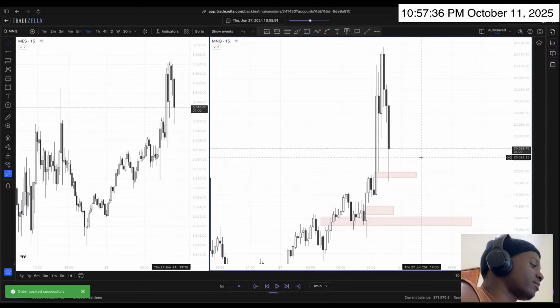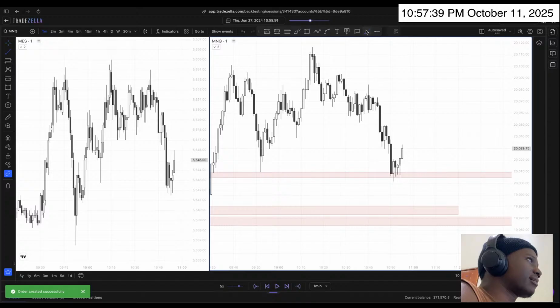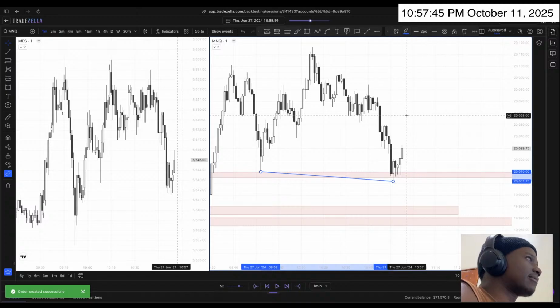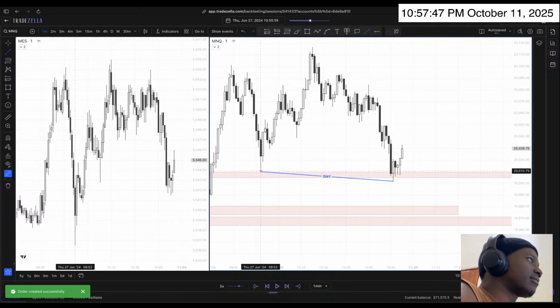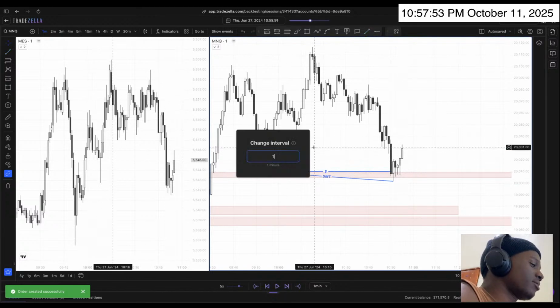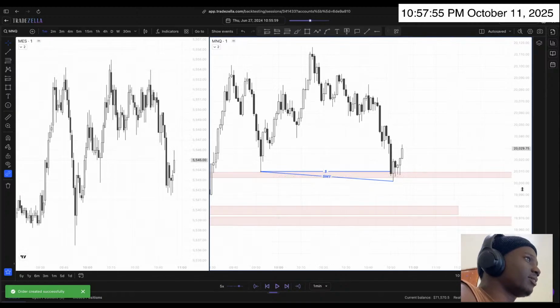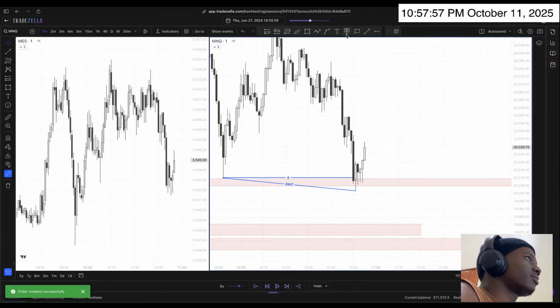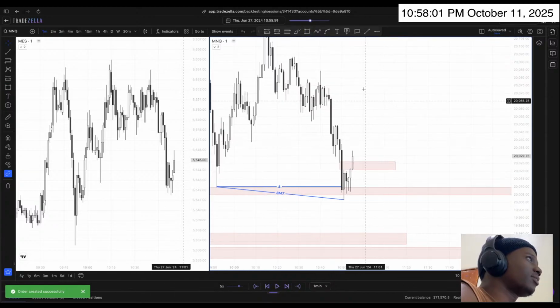Really gap there. So sweep, SMT, 15-minute gap retracement. 1 minute, we've got this inversion. I think it's probably gonna head higher.